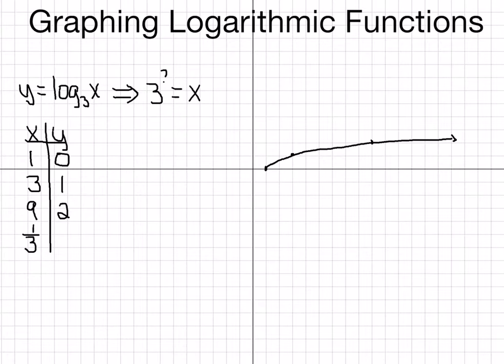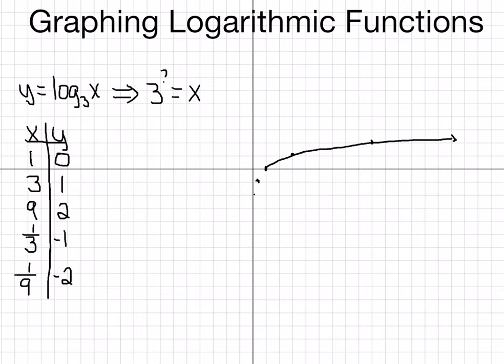That's going backwards. 3 to what power gives you 1/3? 3 to the -1 power, right? So at 1/3, we're down here at -1. So right there. Another easy one to plug in will be 1/9. 1/9 is really close to the y-axis here. And 3 to the -2 power.